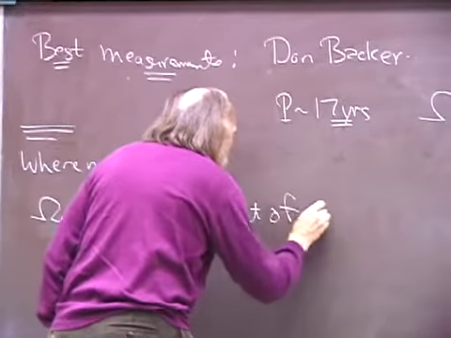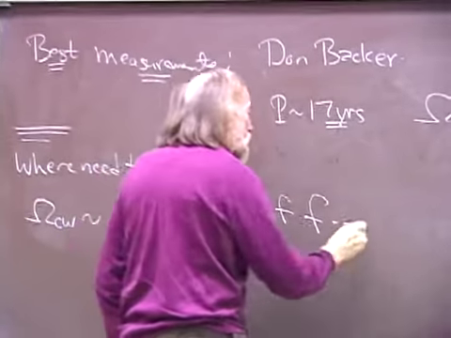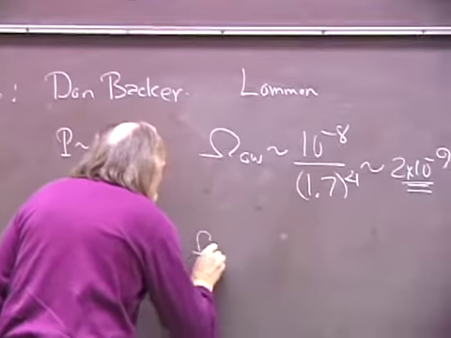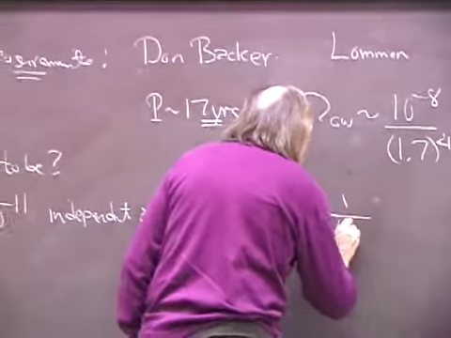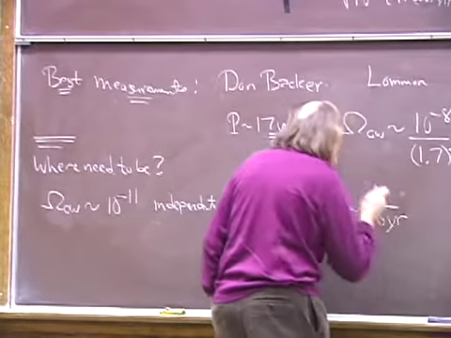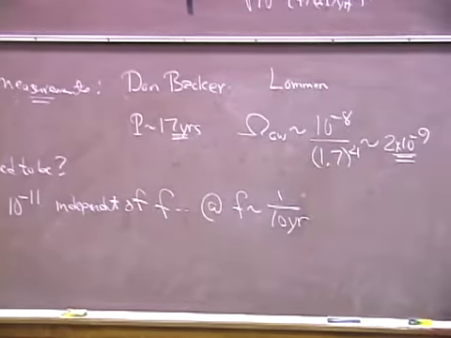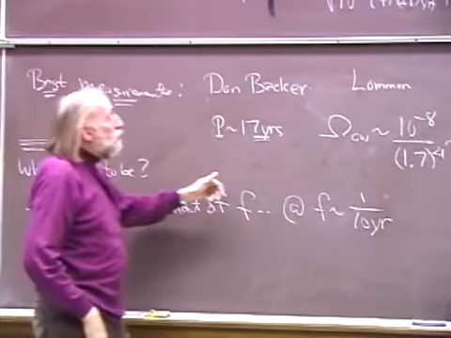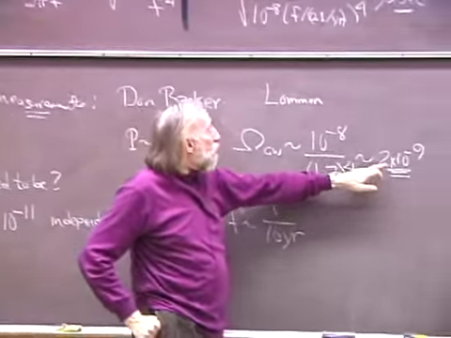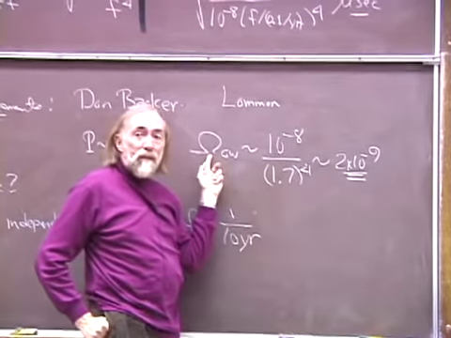Not precisely, as you will see, but roughly independent of frequency at frequencies of order one cycle per 10 years. So in order to get to this source, what is needed is an improvement of about 2 orders of magnitude in omega.